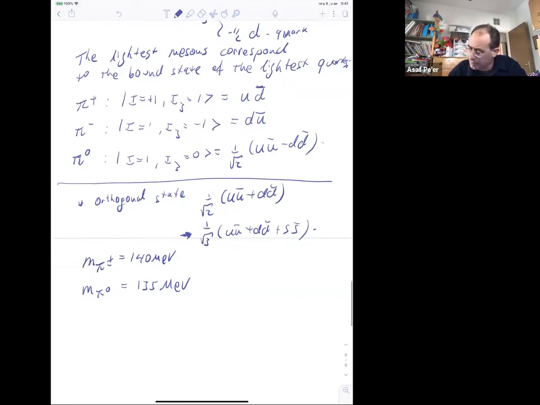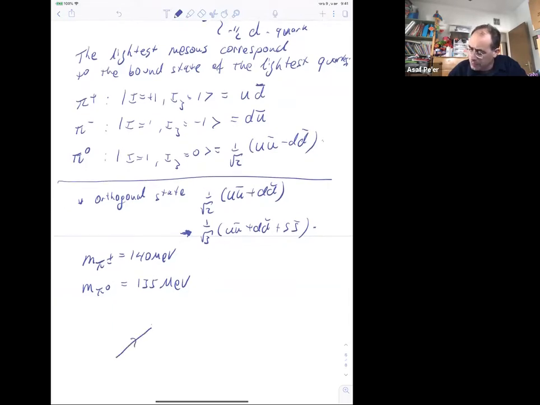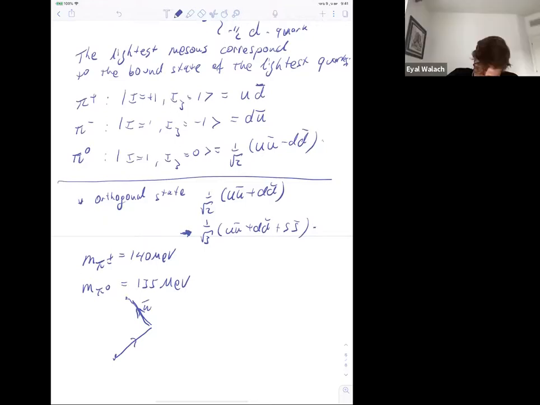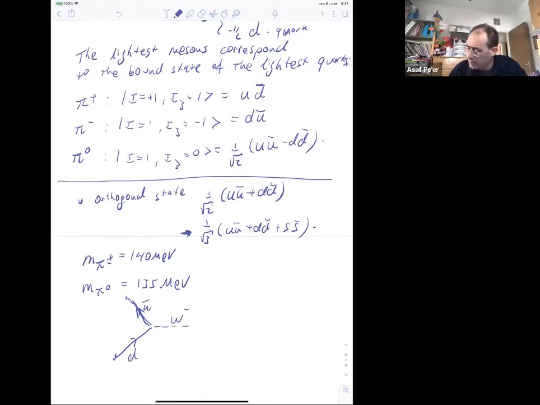So we have a down quark and an anti-up quark, so it has the opposite sign. Up anti and down exchange the W, and then they decay into a lepton and an anti-neutrino lepton. So L minus can be either electron or muon.